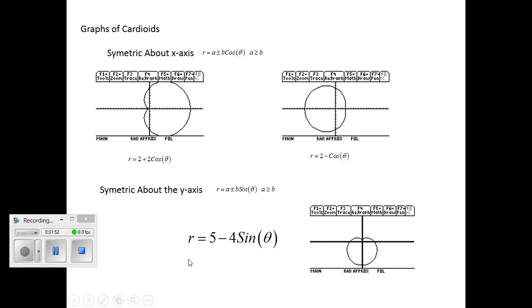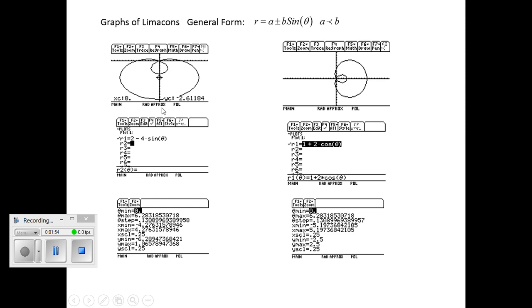The lemniscates are again of the same general form, a plus or minus b sine of theta, but a is going to be less than b, which is going to cause this dimpling effect. This is the setup I did on the calculator.